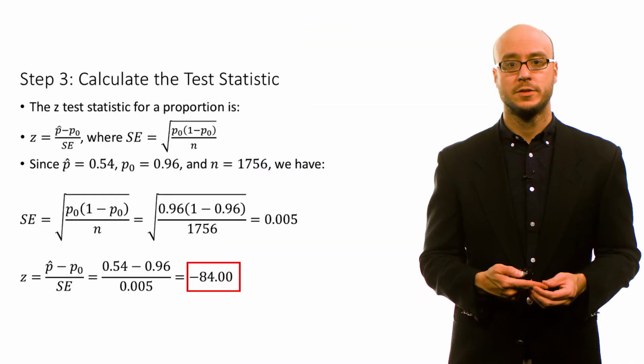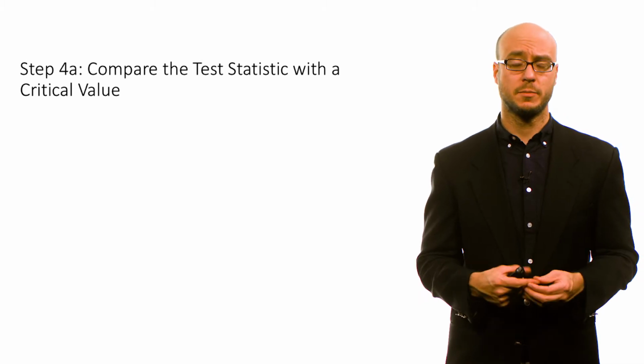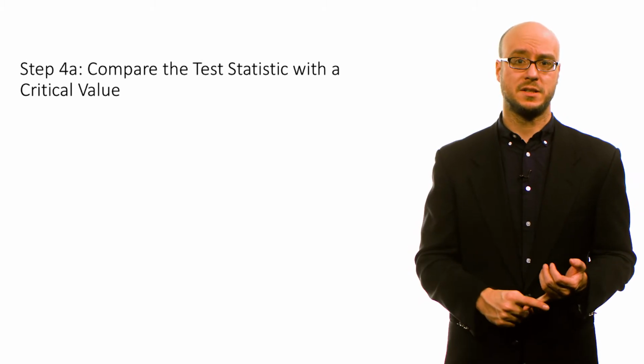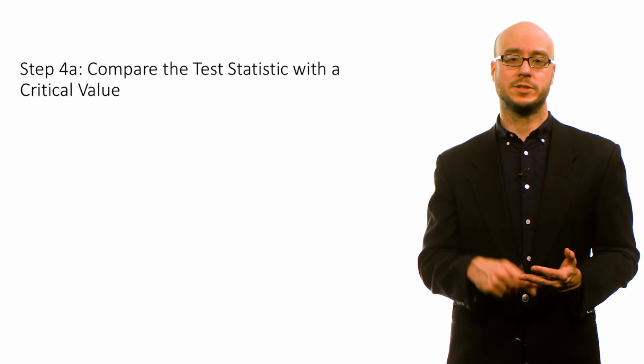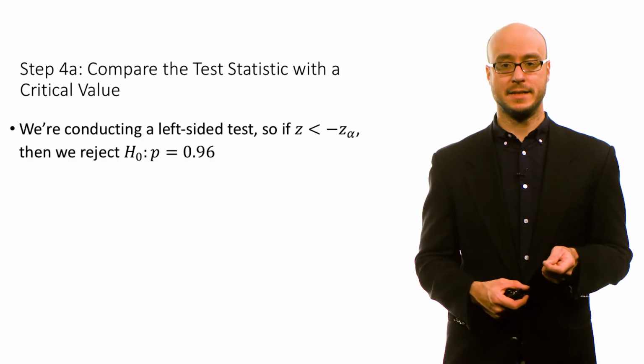Well, negative 84, that's 84 standard deviations below the claimed value of the null hypothesis. That's a very extreme test statistic. But formally, we can compare that test statistic to a critical value, and we can also calculate a p-value based on that test statistic. So we're conducting a left-sided test.